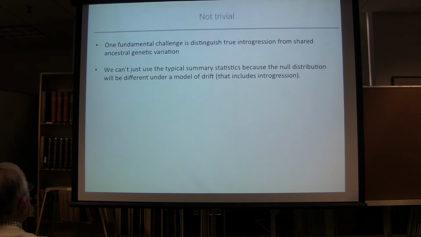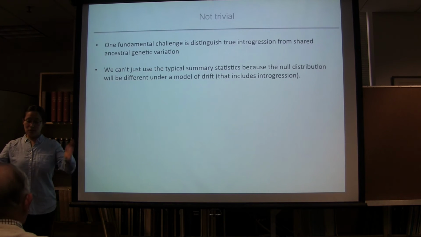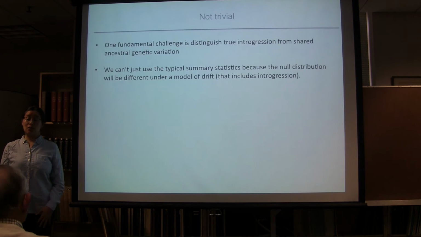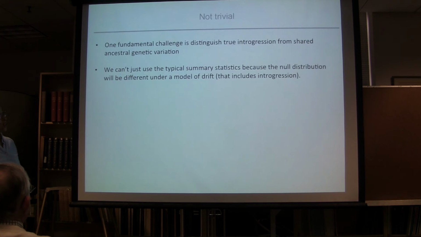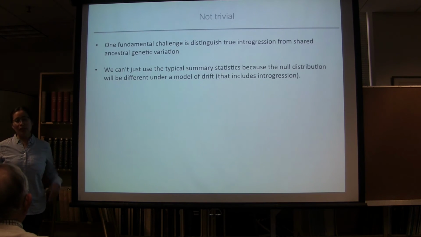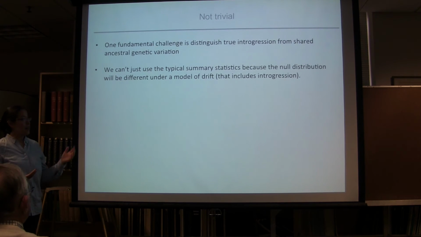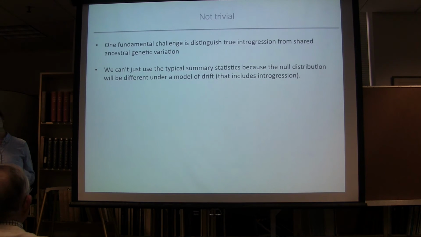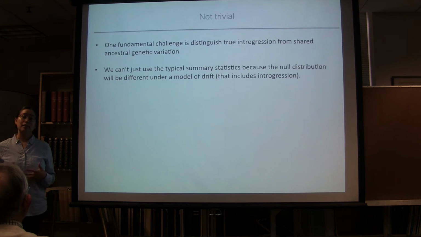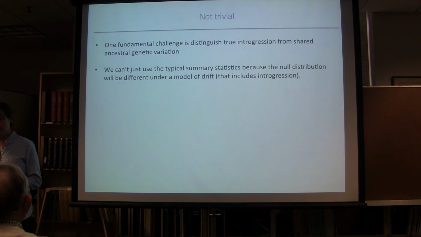And of course, this is not trivial, because if you have a small region, we need to be able to distinguish that this is not just shared ancestral genetic variation. And if you have an introgressed region, we need to recalibrate, because summary statistics that are known to detect positive selection assume a model that doesn't include introgression. So we need to be careful with that as well.